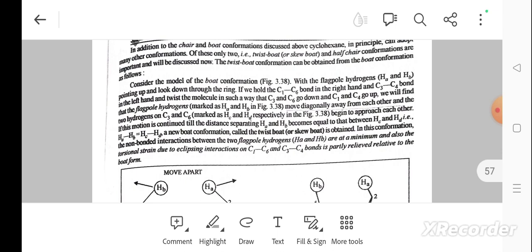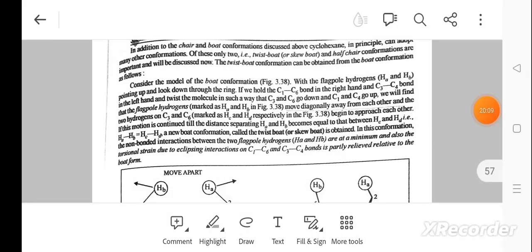The twist boat configuration can be obtained from the boat configuration as follows. Consider the model of the boat configuration with the flagpole hydrogens pointed up and look down through the ring.